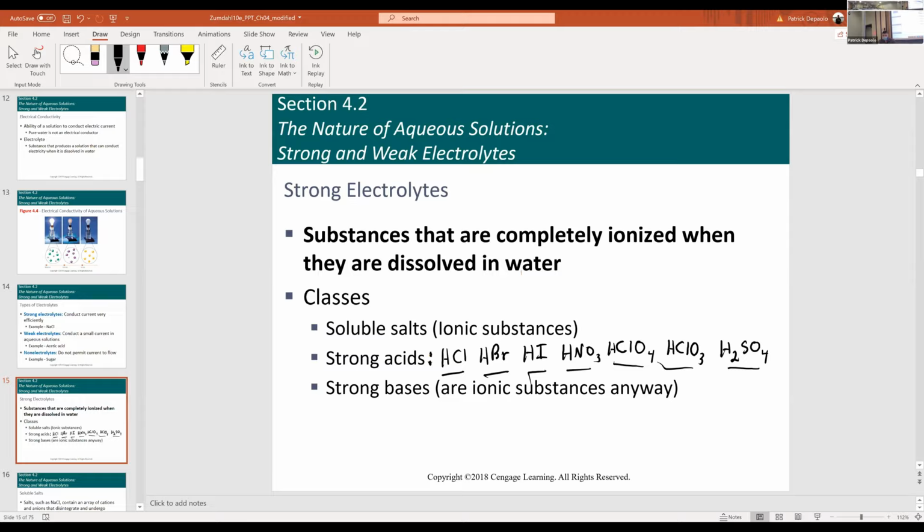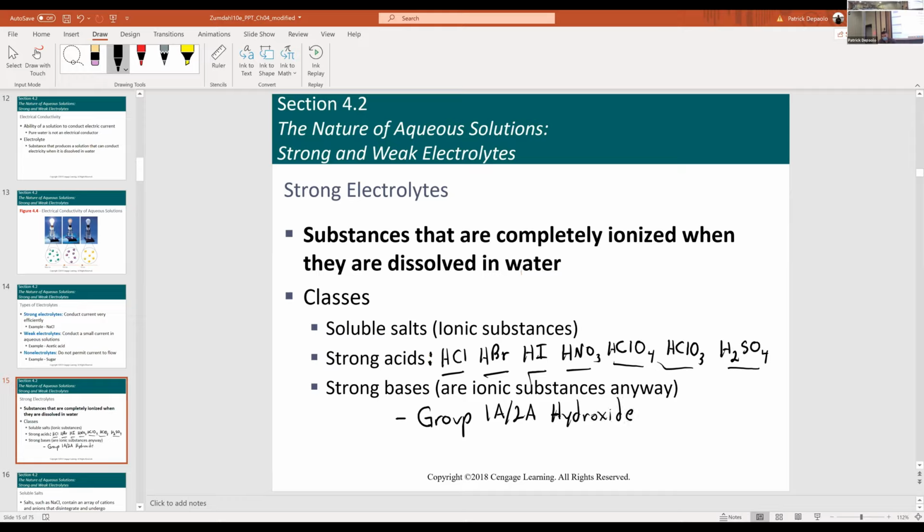And then for bases, there's another rule. Strong bases are also classified as strong electrolytes. There's really one rule for the strong bases: group 1A or 2A hydroxides, with a few exceptions like magnesium hydroxide.